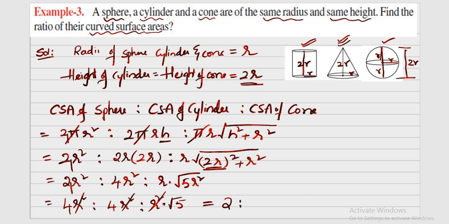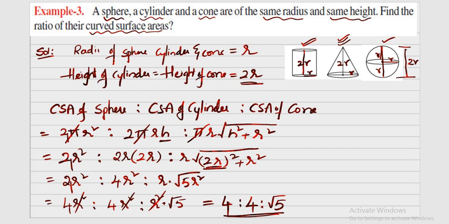So what is the ratio? 4 is to 4 is to root 5. This is the ratio of their curved surfaces in their respective positions. If the positions are changed, the values will change. So this is about the ratio of curved surface areas of sphere, cylinder and cone respectively.